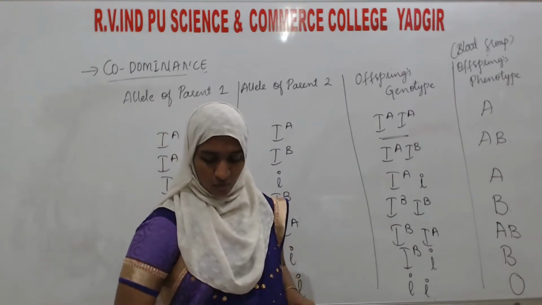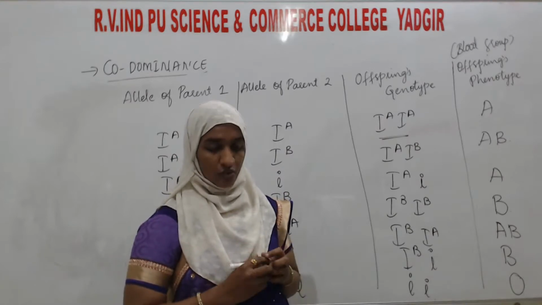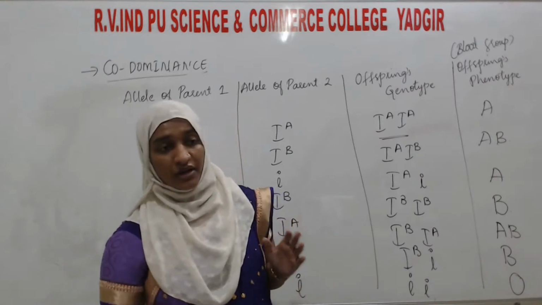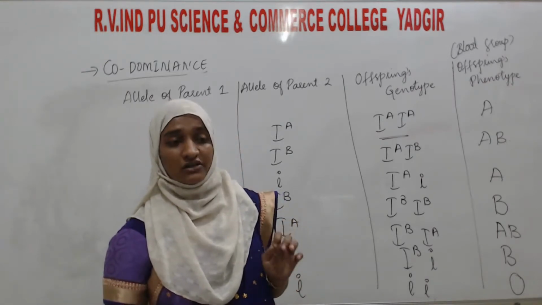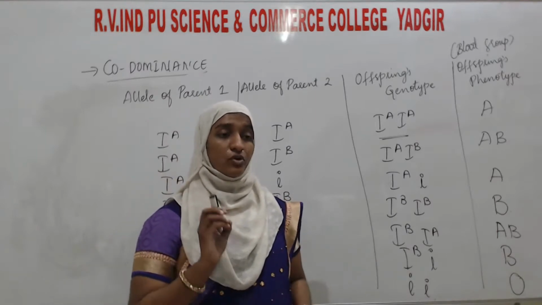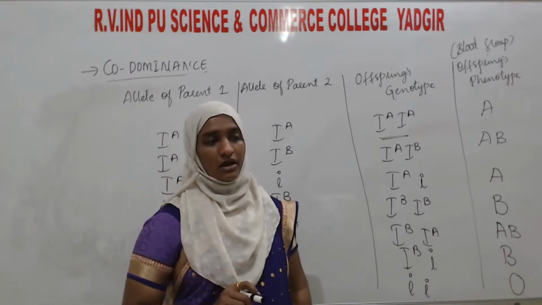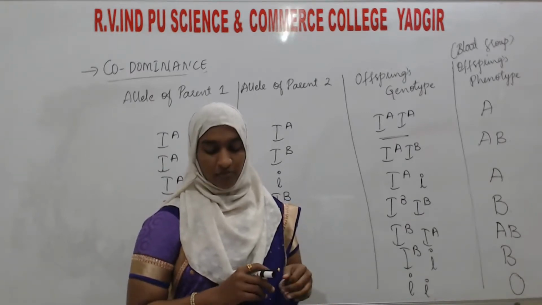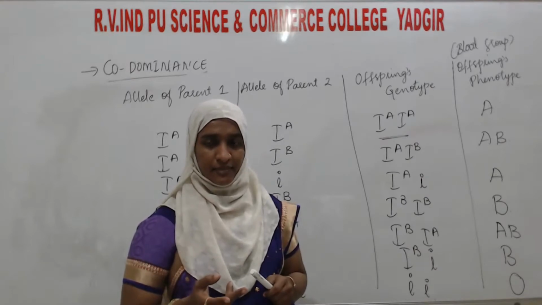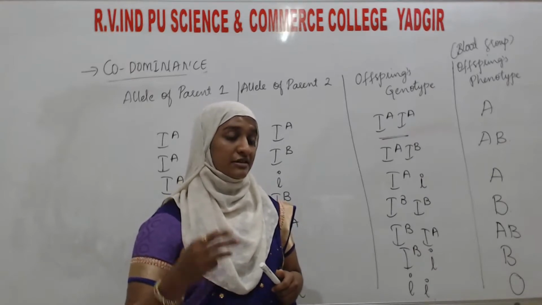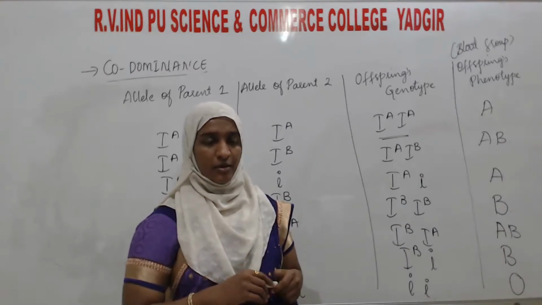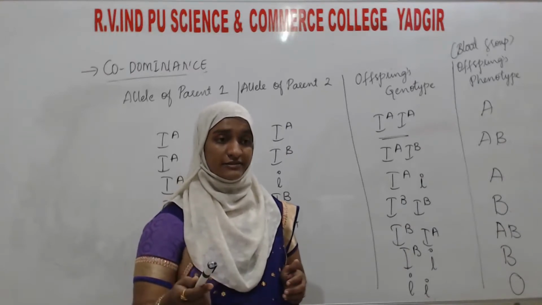So this is about the total six different genotypes of the human ABO blood group. But it's not six, it's seven different. This is also one of the good examples of multiple alleles. Multiple alleles means more than two alleles.